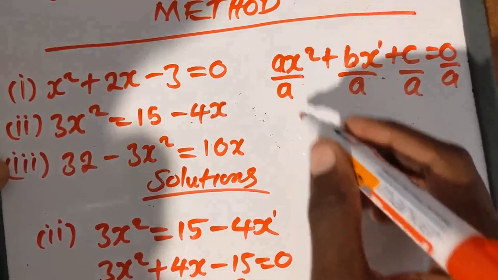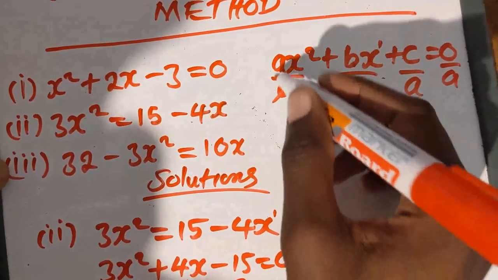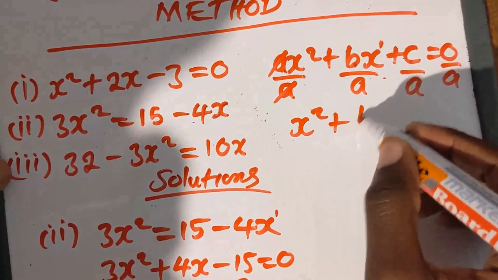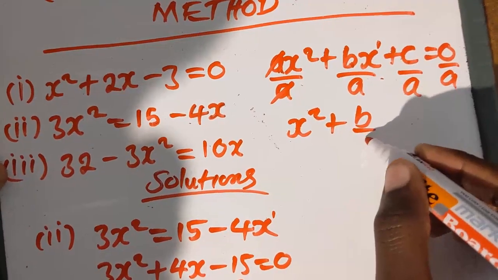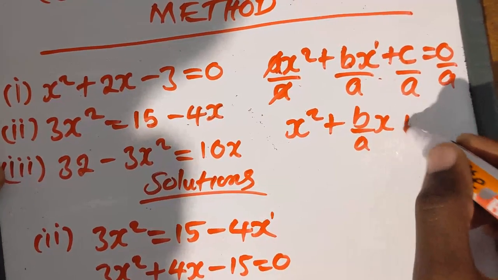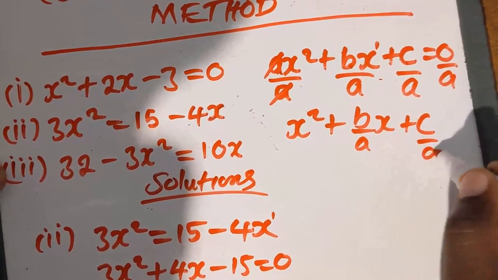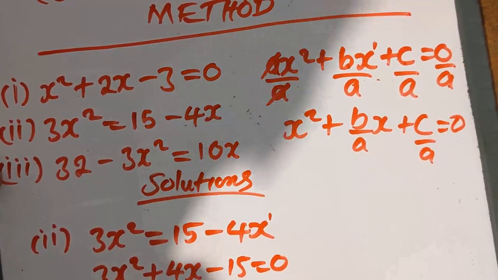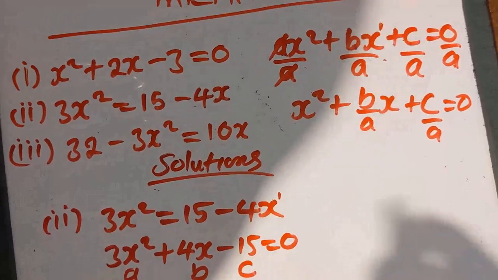Meaning that the quadratic equation will be, this a will go, then it will be x squared plus b over a x plus c over a equal to a into 0, which is going to give you 0. So take note of this.